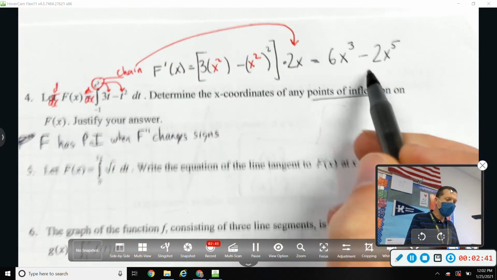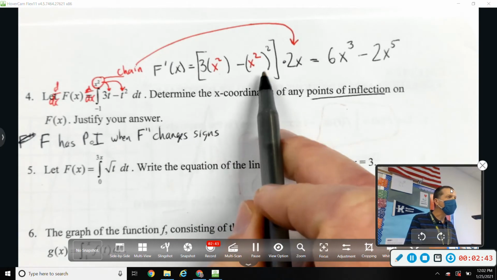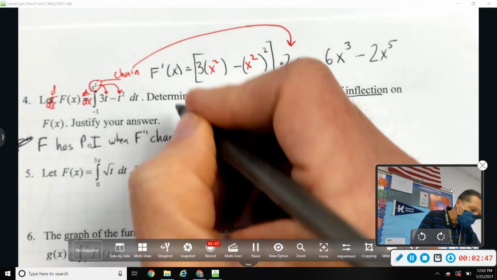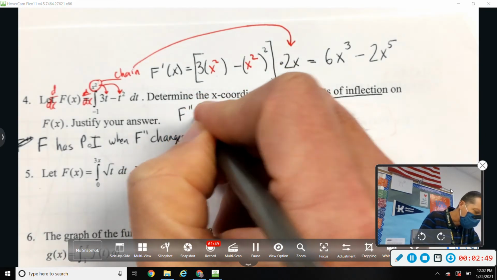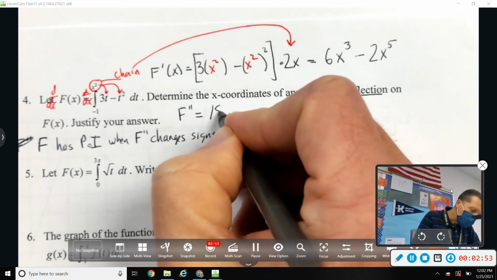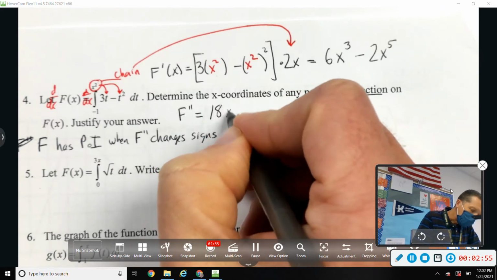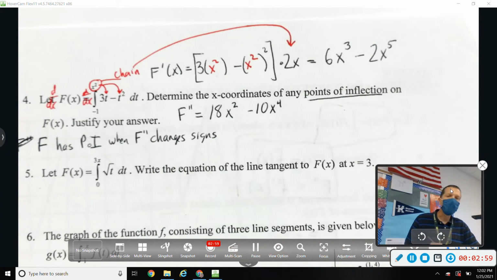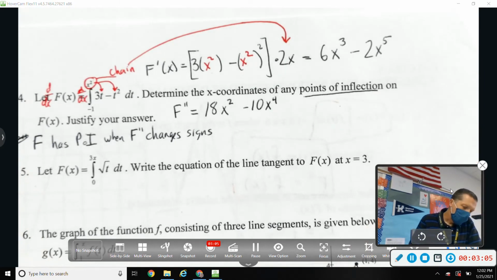So that's still the first derivative. It's just a lot cleaner looking than this original thing, so that when I go to find the second derivative, it should be a lot easier. 18x squared minus 10x to the 4th. Okay, so I need to set that equal to 0.